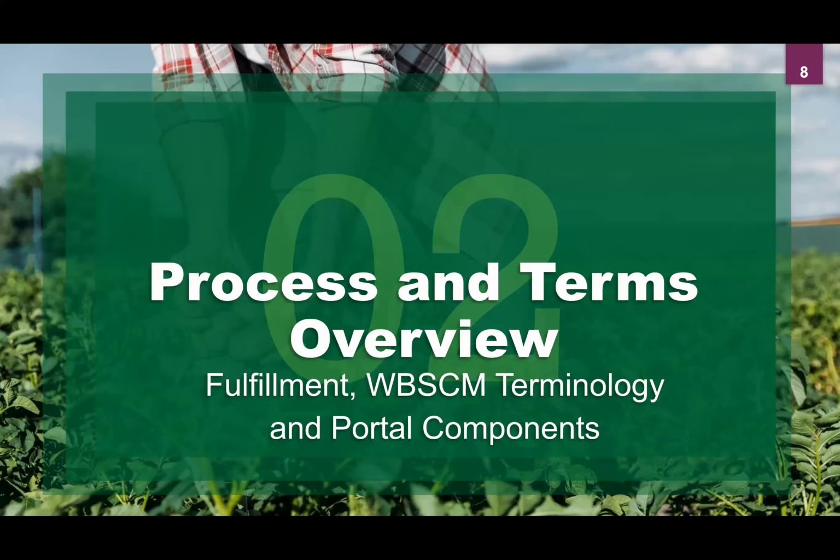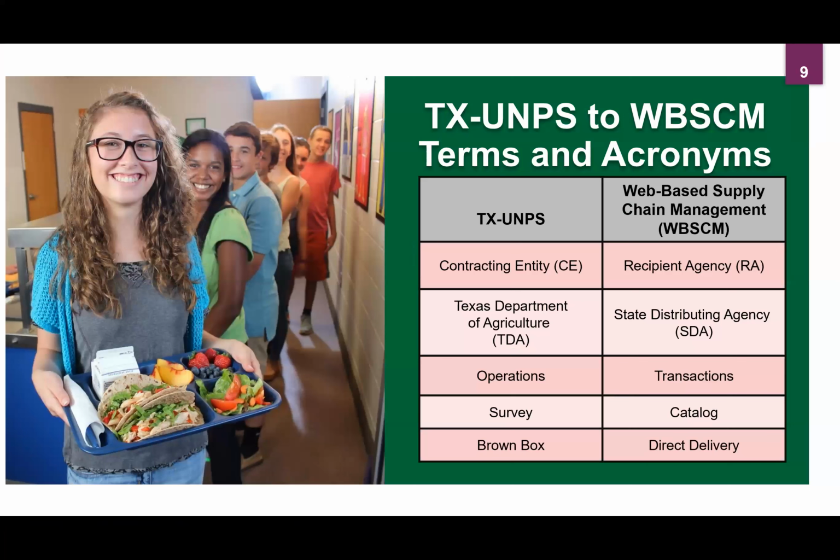So we're going to take a look at the processes and terms again. As we know, TH1PS is going away. So in that system, you all are referred to as contracting entities. In the web-based supply chain management system, you all will be considered recipient agency.